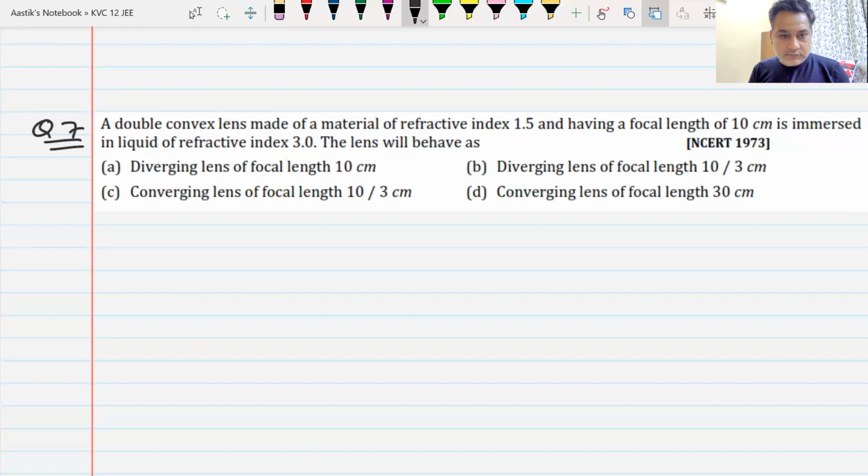B, sir. Diverging lens of focal length 10/3. This is the answer we are getting. Yes, sir. Okay. Just give me a minute. Okay, I was looking at the next question.